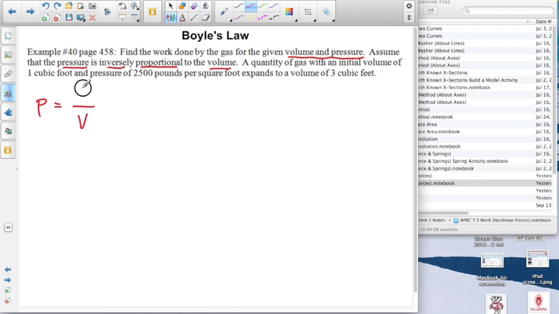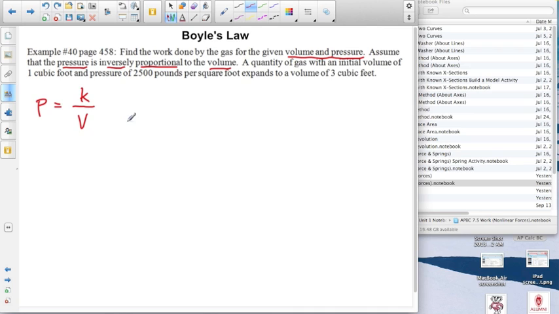And we'll give it the proportionality constant K. And so the first thing we have to do is figure out what that proportionality constant is, and we'll do that with the rest of the information here. And then as the volume varies, we're going to have to integrate to find the pressure.